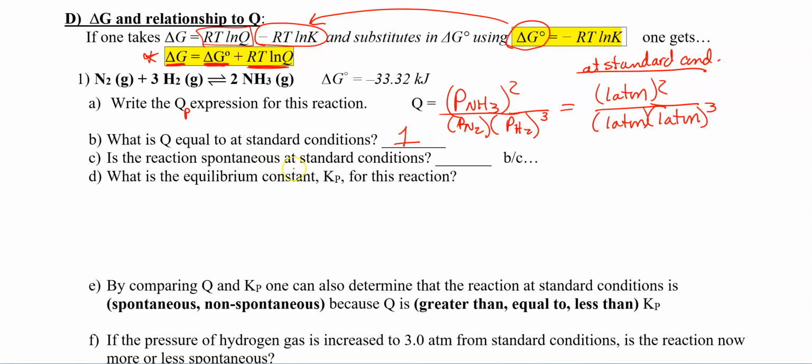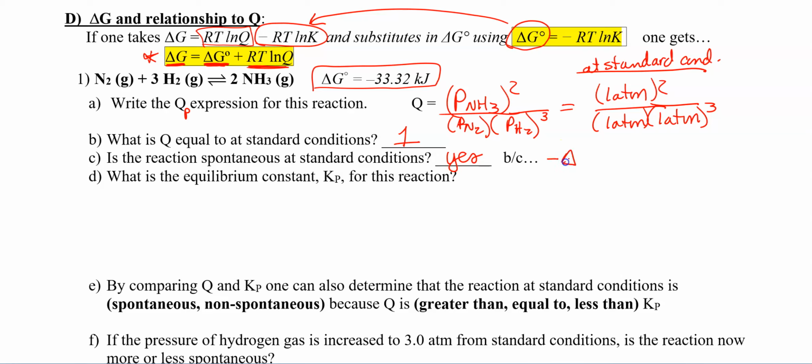Is the reaction spontaneous at standard conditions? What are we going to look at for there? Yes, hopefully you remember delta G naught. That is telling you whether it's spontaneous at standard conditions by looking at that sign. So it's negative. That should tell you that yes, the reaction is spontaneous at standard conditions because you have a negative delta G naught, right?